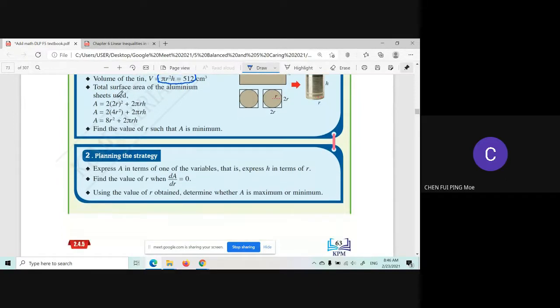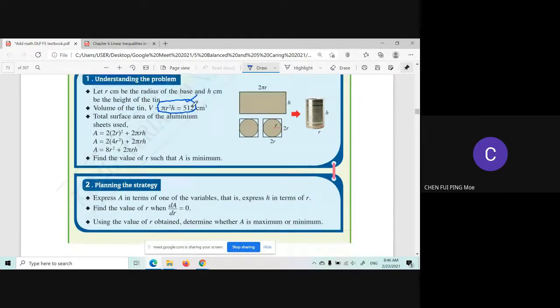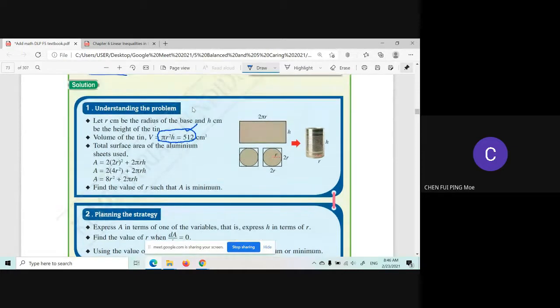Then the total surface area of the aluminium used will be like this, right here. We consider this one first. Why do they have 2r square? The 2 means you have two circles. And why r square? Anyone can answer? Because of 2r times 2r.